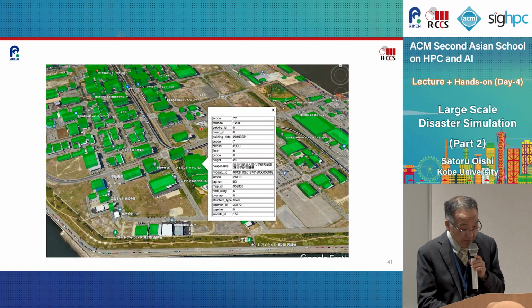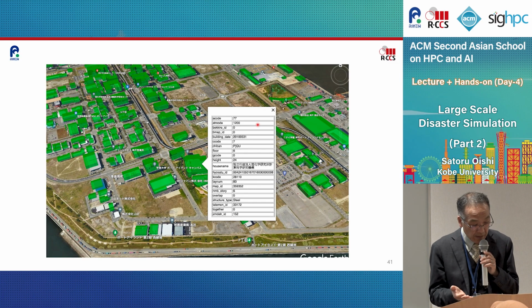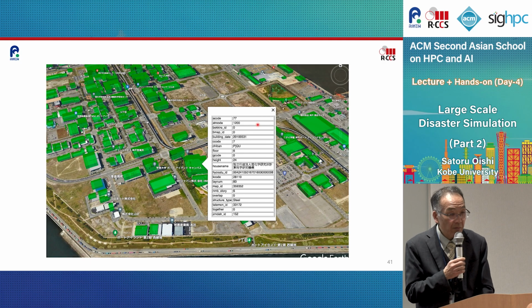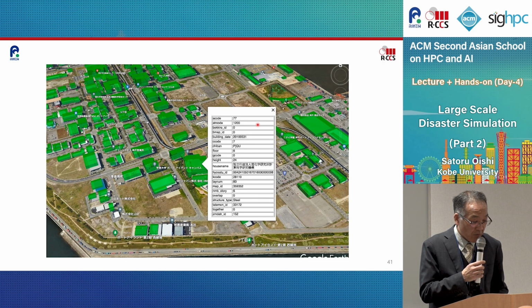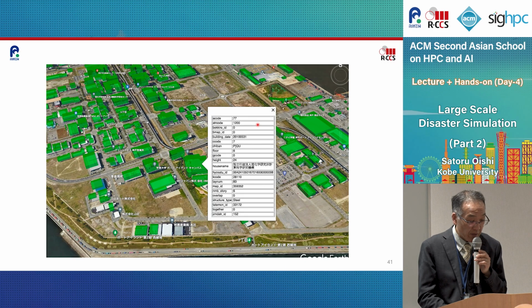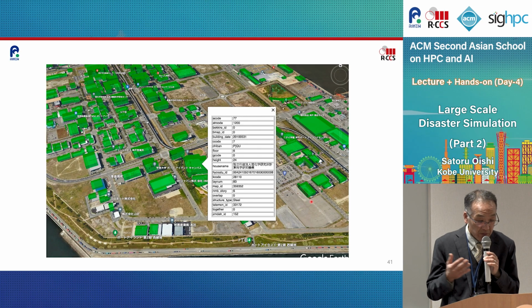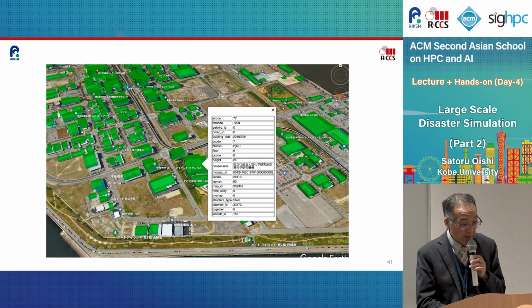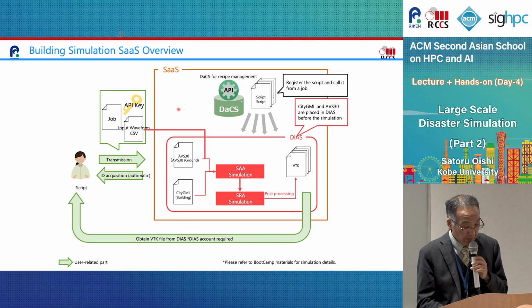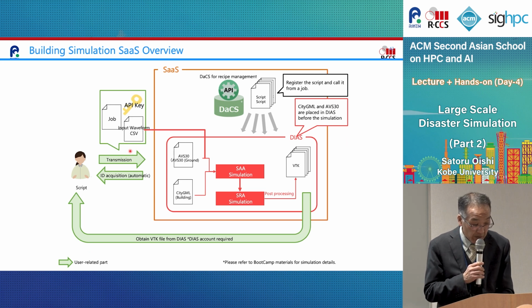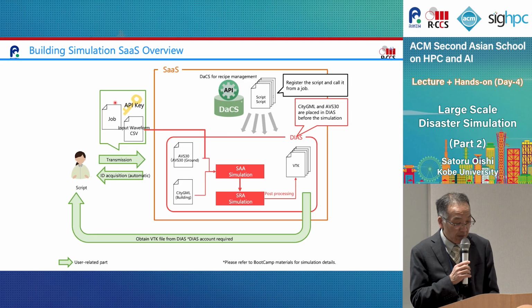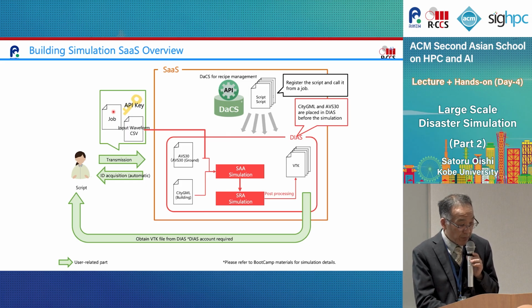Then we shake those buildings with the estimated Nankai earthquake or Hanshin earthquake waves. Then some of the buildings collapse in the numerical simulation. Some of the buildings are still alive after the simulation. That part is in the cloud using a SaaS system, software as a service.